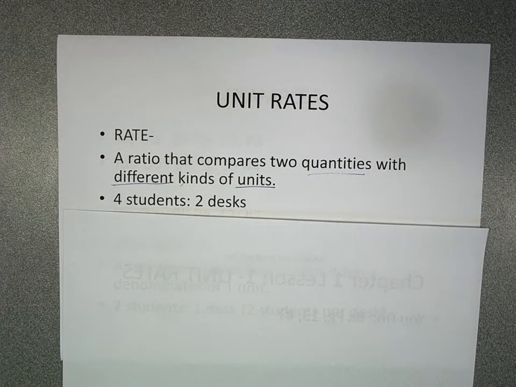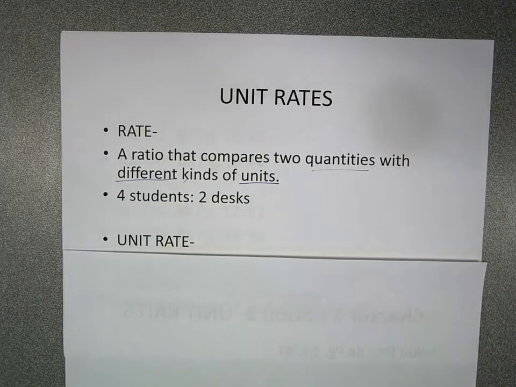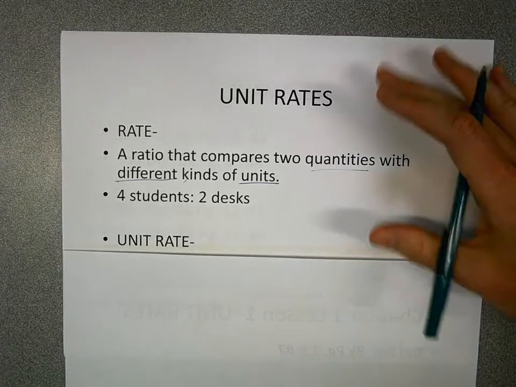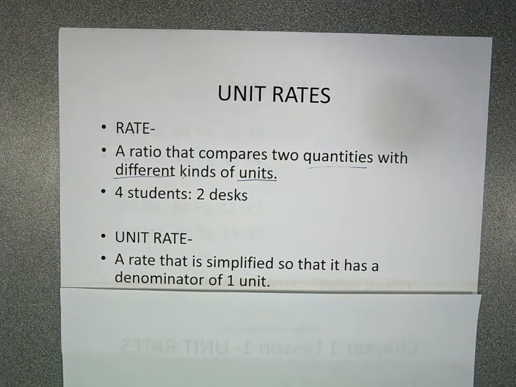Okay, now we're going to add on to that a little bit, or expand that a little bit. The next word is called a unit rate. Everyone? Unit rate. All right, so here's what a unit rate is. Your book says it's a rate, so it's still a rate, that is simplified so that it has a denominator of 1 unit.